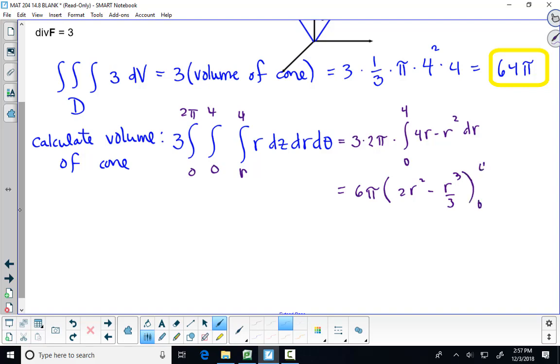And hoping for the best, we integrate with respect to r. Evaluate 0 to 4. And we get 32 minus 64 thirds.